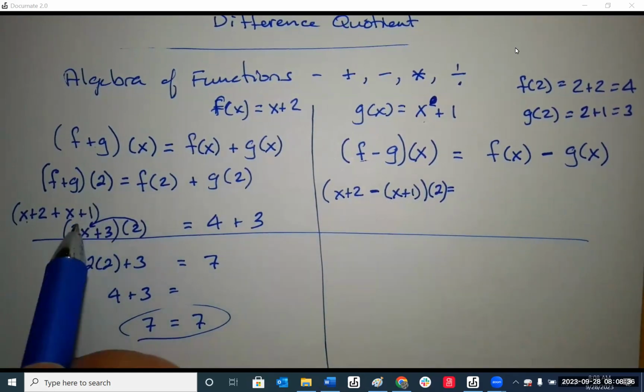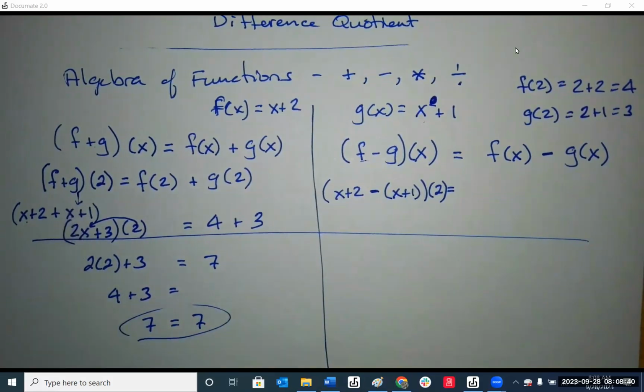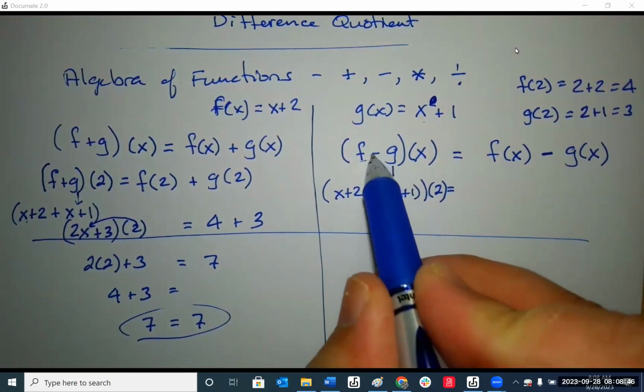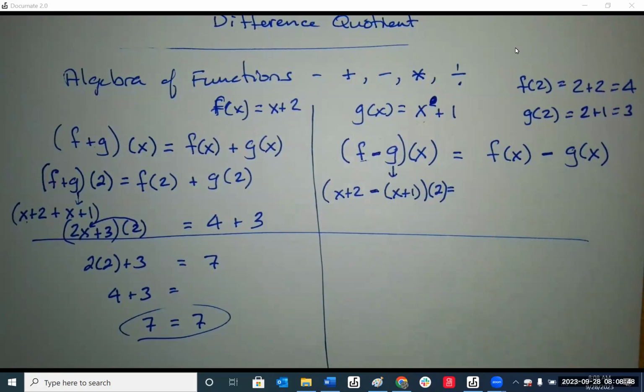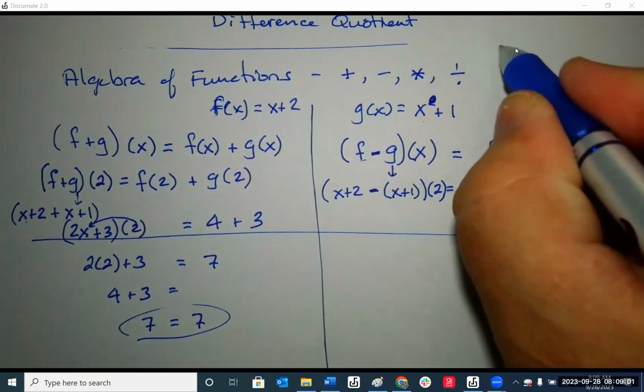Notice how on this side, I didn't put my g inside parentheses. Here, after the minus sign, I put my g in parentheses. Why? Well, let's see what happens if I didn't put it in parentheses.